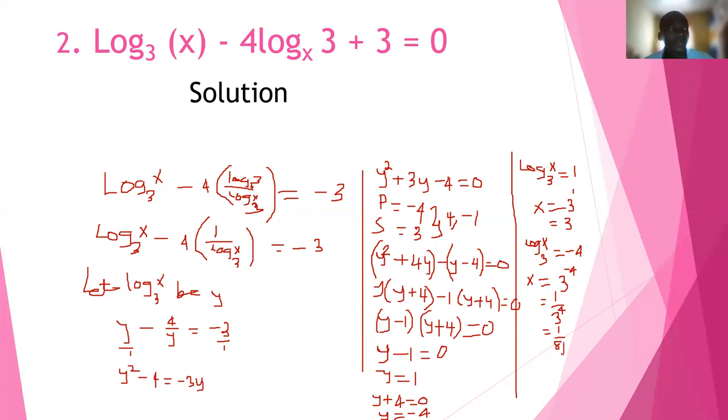So then you come and say 1 divided by 81, you get approximate value of 0.012335.